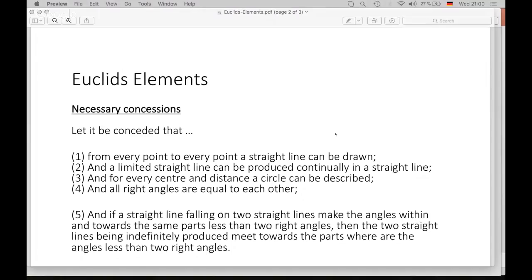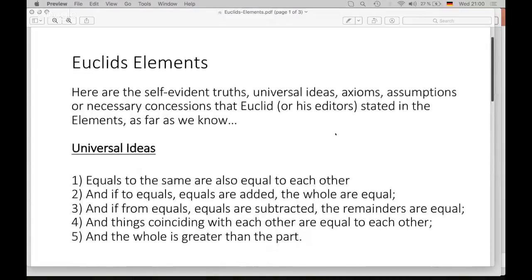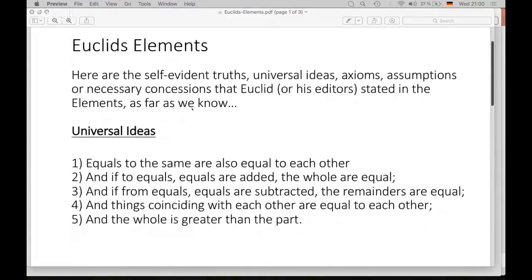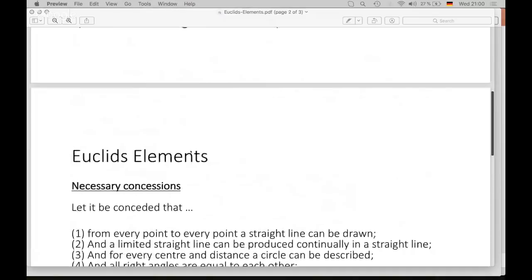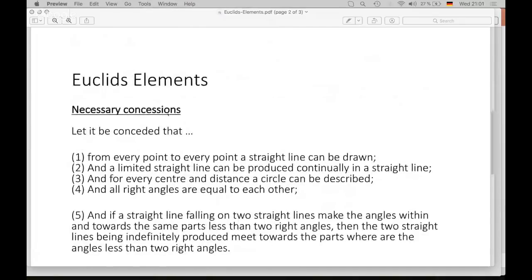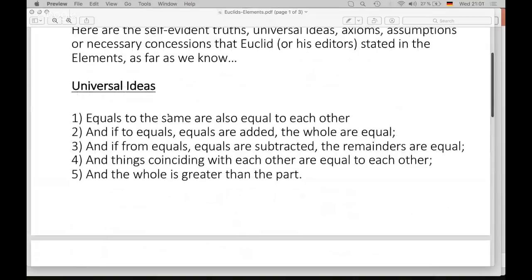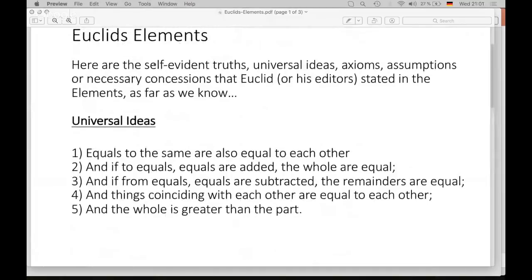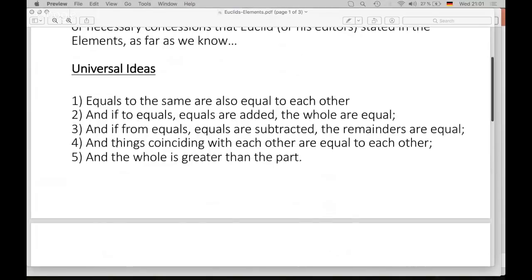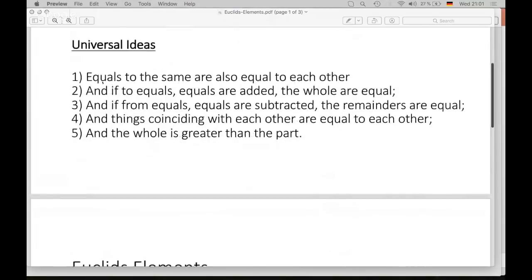Yeah, so Euclid's Elements basically has what he called universal ideas and what he called necessary concessions. So universal ideas are truths that, as far as we know, Euclid proposed. So, things equal to the same are also equal to each other.